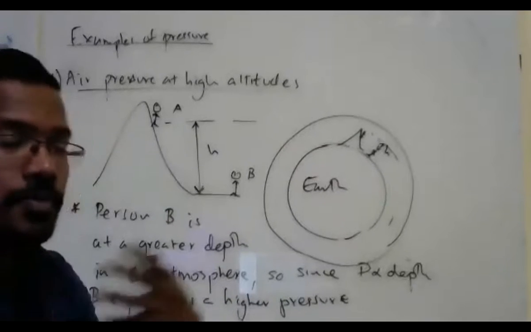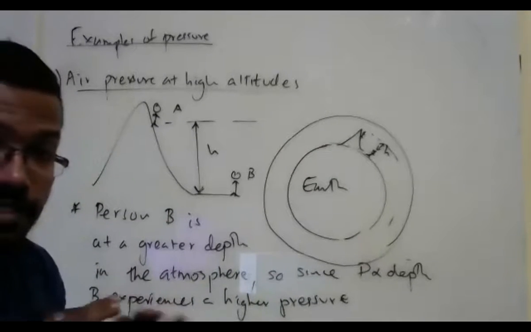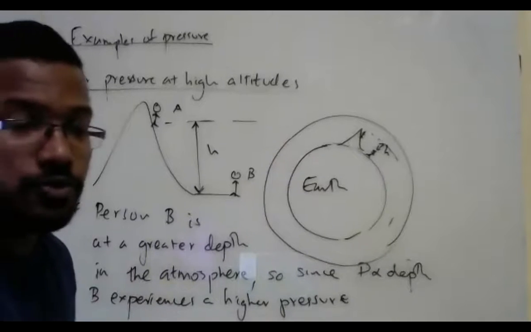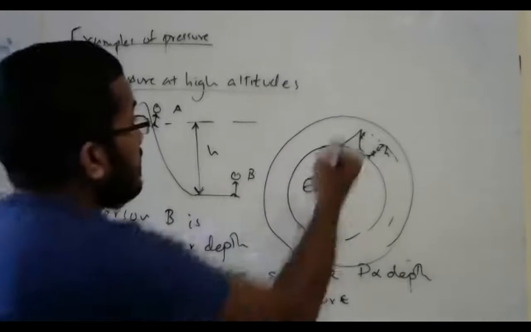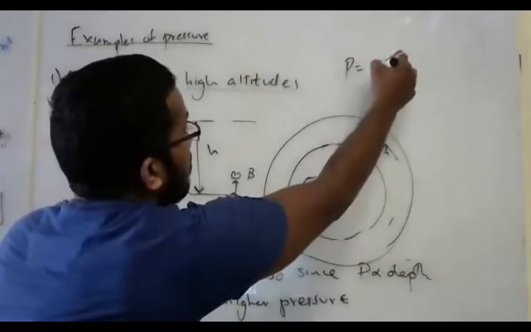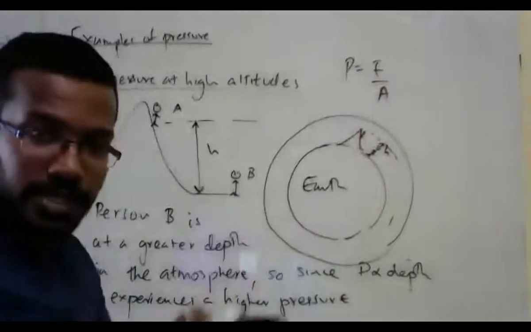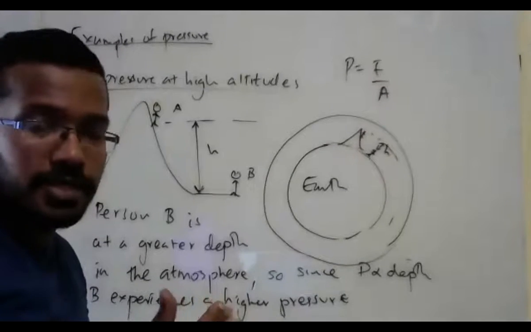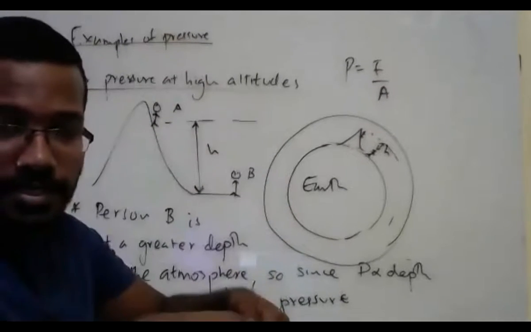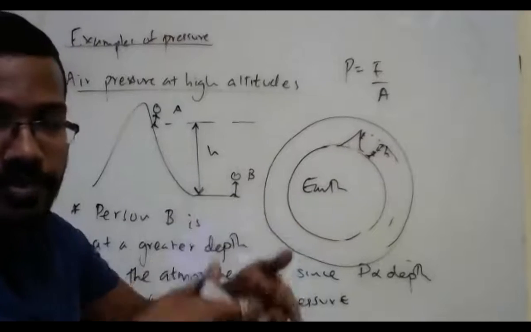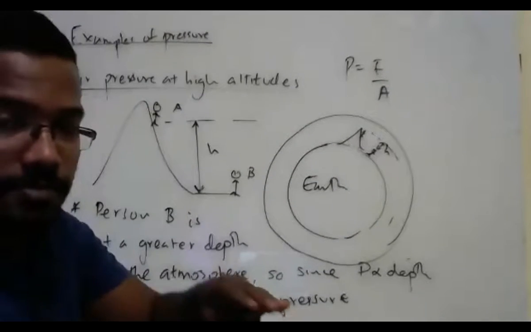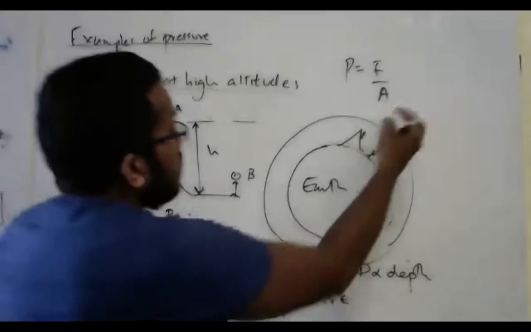So a baby and an adult will experience the same pressure, but totally different force on them. P equals F over A. Pressure is a constant at a particular depth in the atmosphere, or if the baby and the adult go diving in the sea, at the same depth they will have the same pressure. But the force will be different.